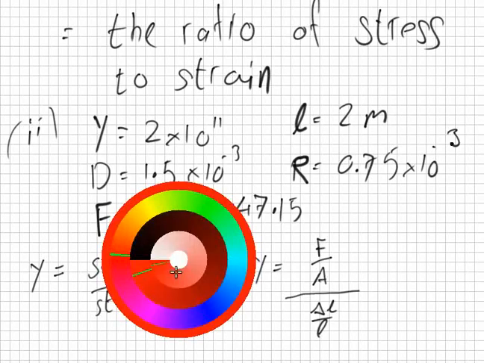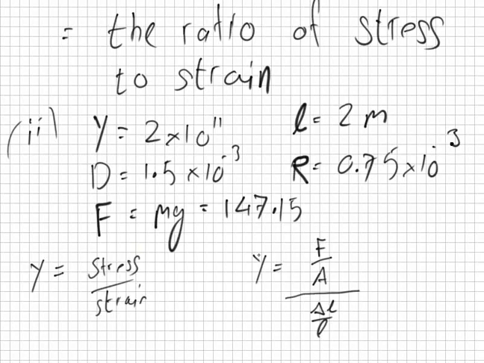Do we know Young's modulus? We do. Do we know the force? We do. Do we know the area? We could know it because we're given the radius here. The area would just be pi r squared. So we know that. We know this length here, and we want the delta L there.